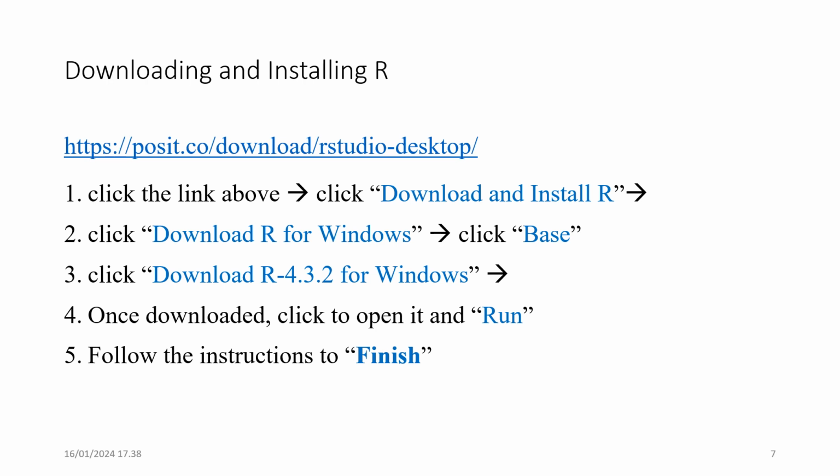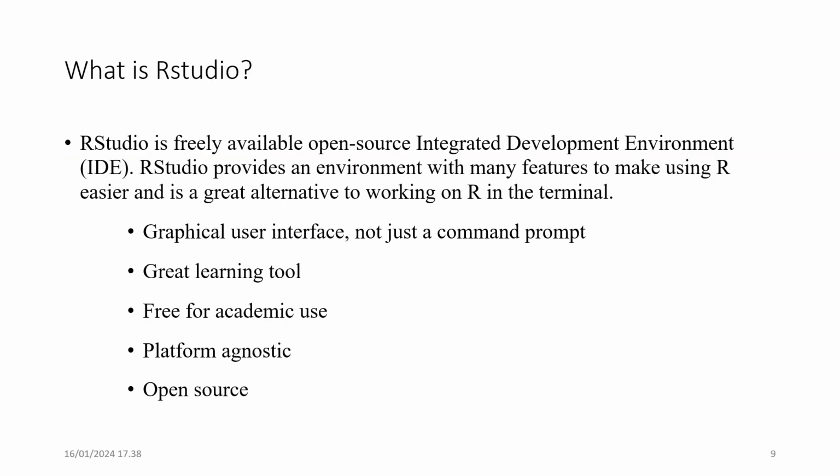However, like we've said before, working with R is not easy if you don't use the graphical user interface, which is the R Studio. The R Studio is a freely available open source integrated development environment for R. What this means simply is that it makes working with R easier.